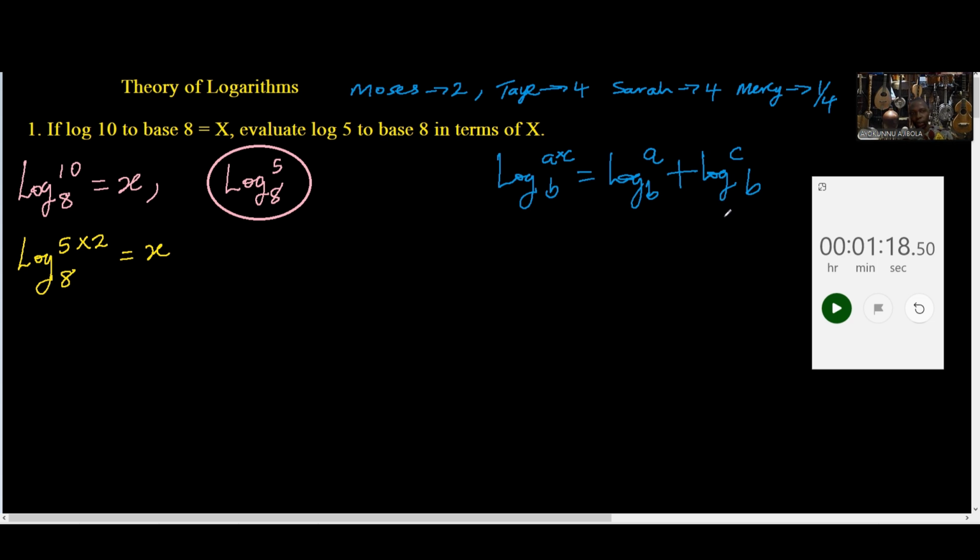So just hold on. Now, this is the principle we're going to use here. So that means we're going to separate 5 and 2. Please don't write anything, just listen. So log 5 base 8 plus log 2 base 8 is x according to this.